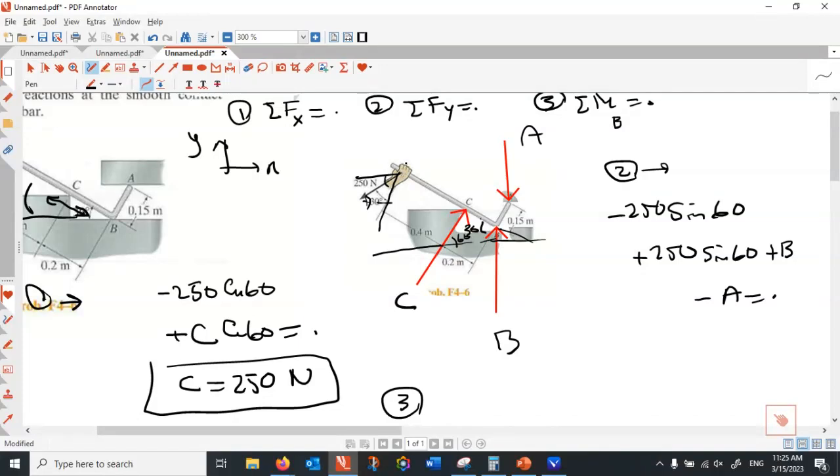One is perpendicular to the rod, the other one is tangent to the rod. The tangent one is passing through B, doesn't make any rotation, only the projected one does the rotation.